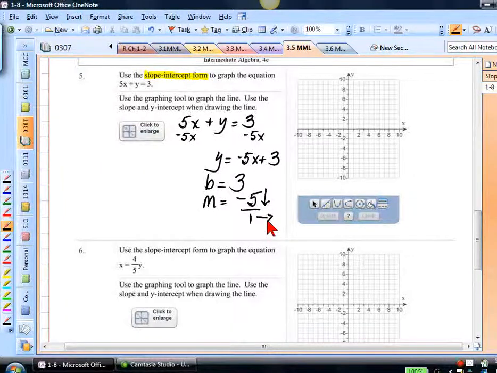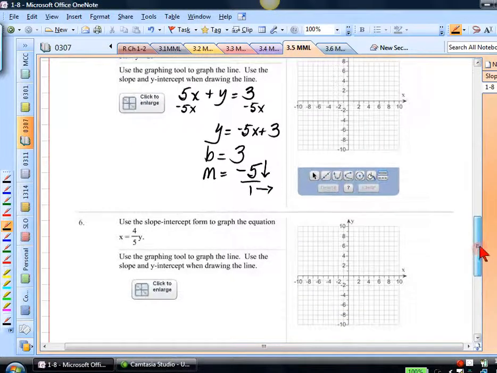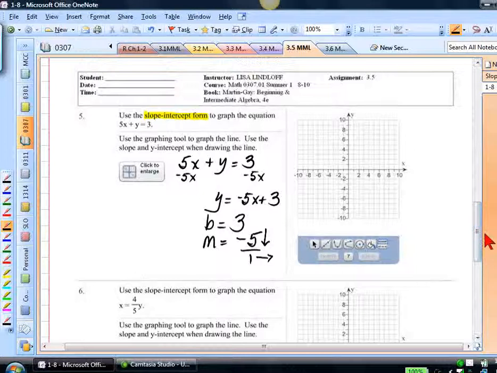I always draw those little arrows. A lot of people wouldn't, but I think it's somewhat useful. All right, if I want to graph that now, I want to begin at 3. Then from 3, I want to go down 1, 2, 3, 4, 5, and right 1.